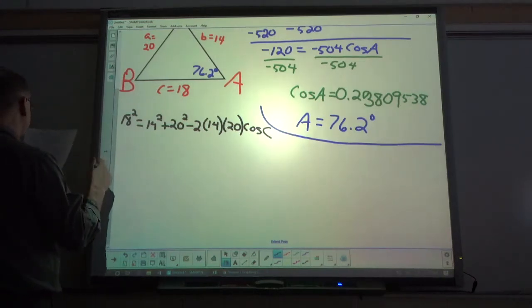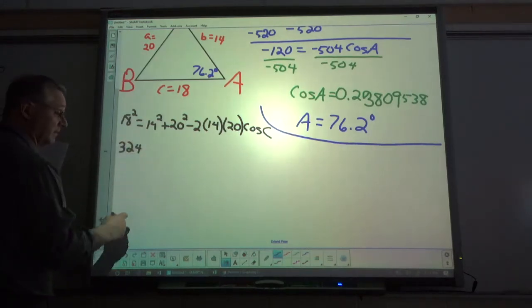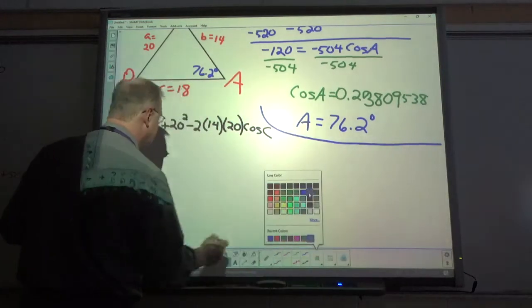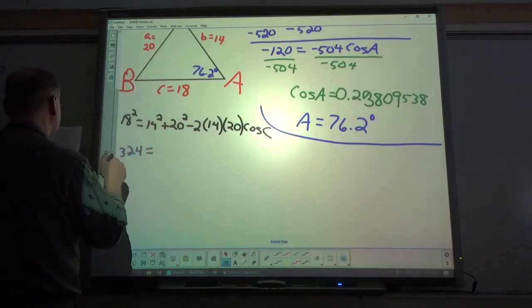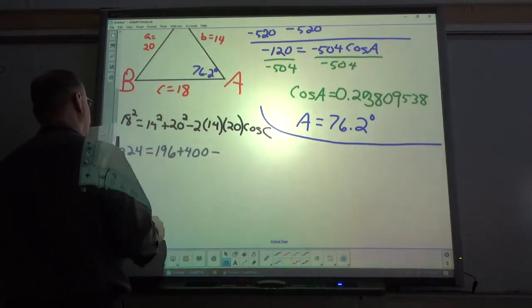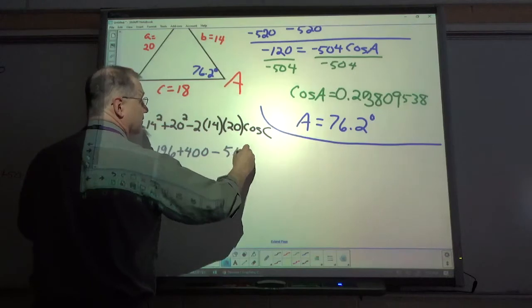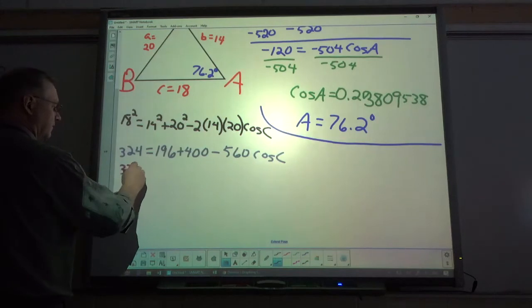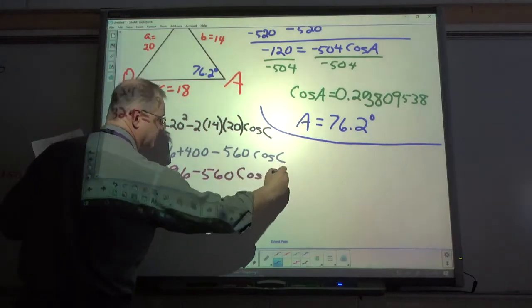All right, so that should mean 324 equals 196 plus 400 minus 560 cosine C, which is 596 minus 560 cosine C.